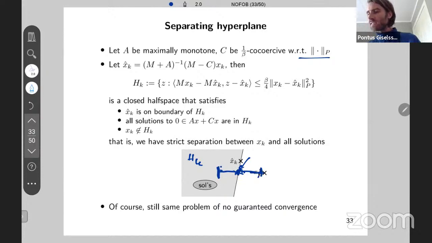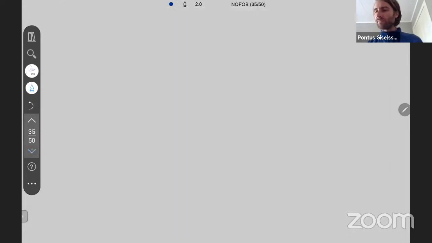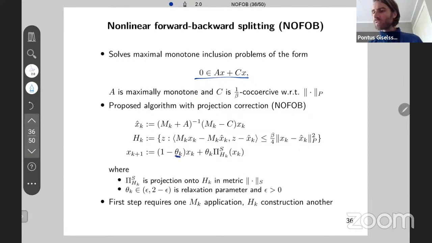So the projection decides if we are here at 0 or here at 2 or here at 1. It's a projection and then a relaxation on top of that. The relaxation parameter is this theta k. If it's close to 0, it will be close to xk. If it's close to 2, it will essentially be reflected on the projection point into the set. And if it's 1, this thing disappears, and we get only the projection.